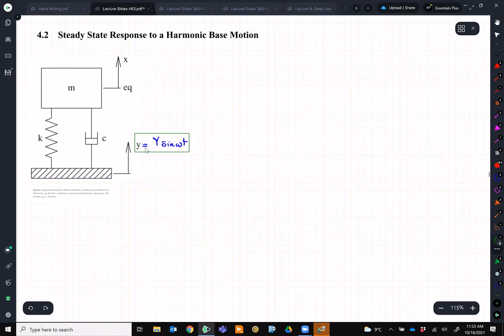So rather than a force, this time we have a displacement. For example, this y can be 10 millimeters sine omega t. And it has a meaning, right?